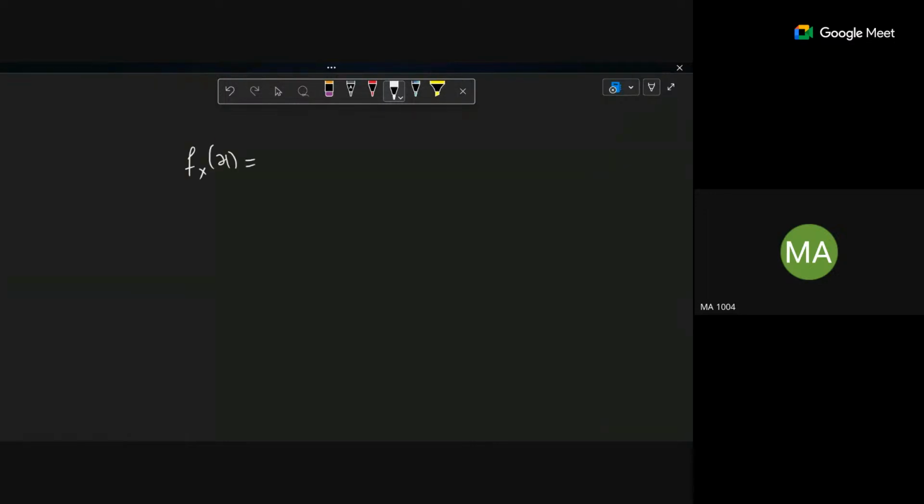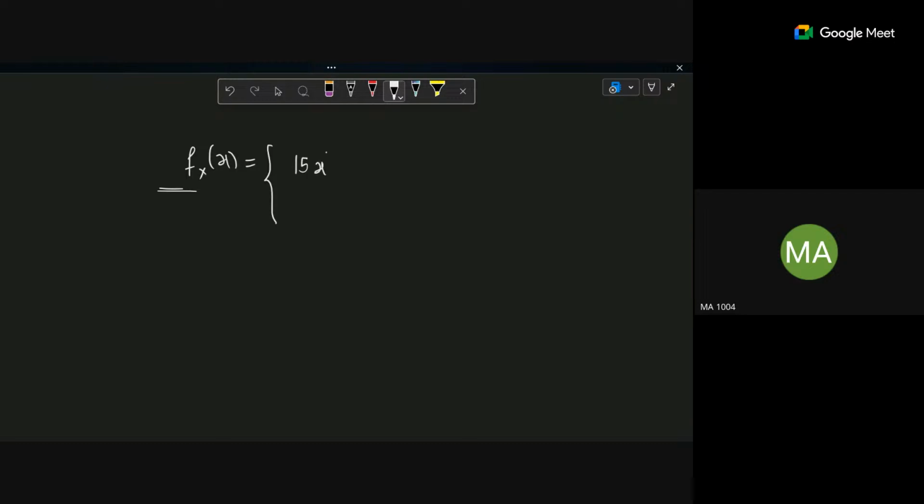Whenever you have a doubt of this kind, the first step you should take is to check whether your PDF is valid. If it is a continuous random variable, the integration of your PDF should go to 1.